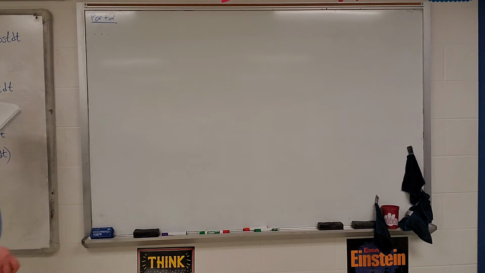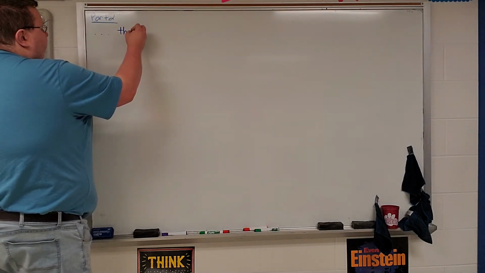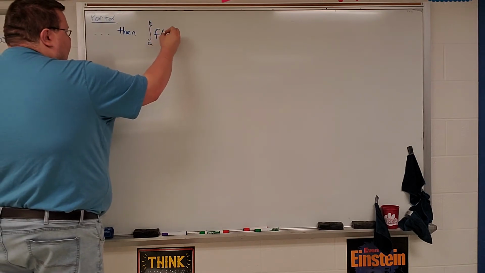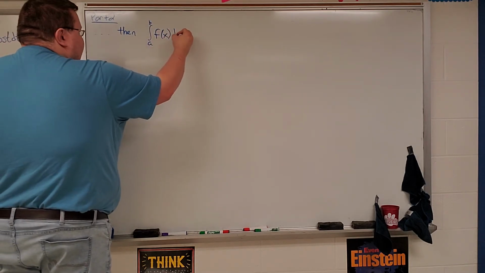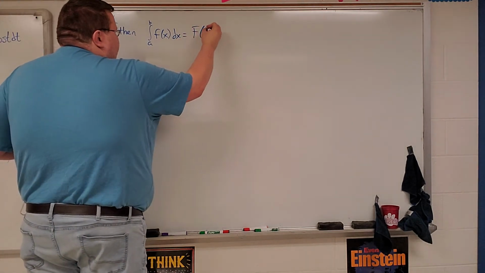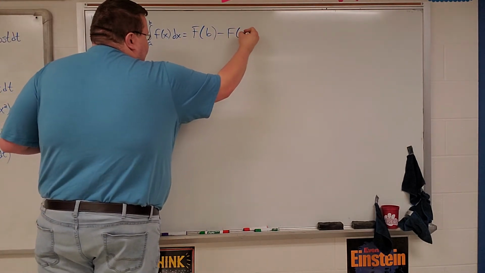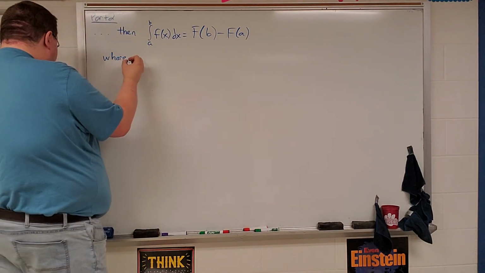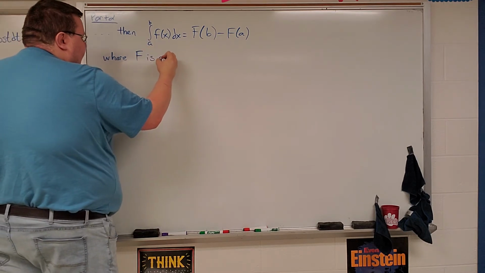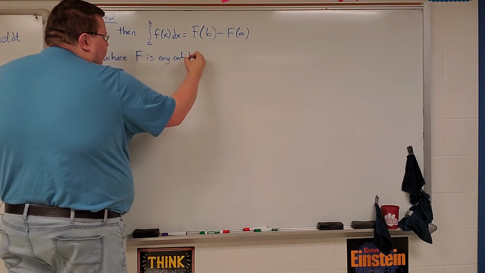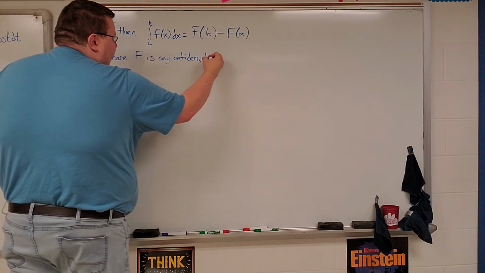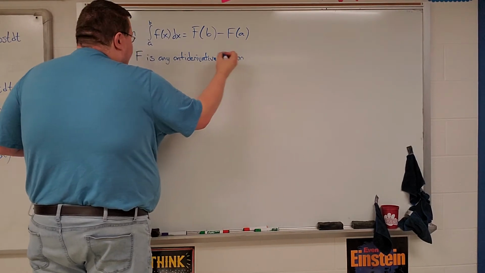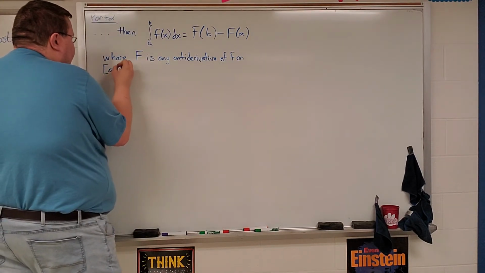But then the integral from a to b of little f of x dx is equal to capital F of b minus capital F of a, where capital F is any antiderivative of little f on the interval a to b.